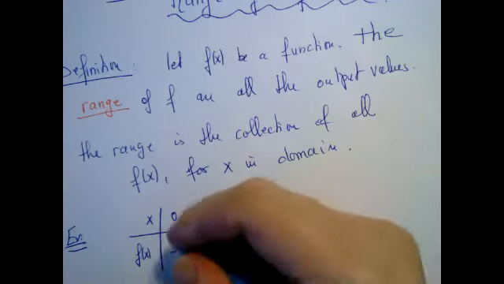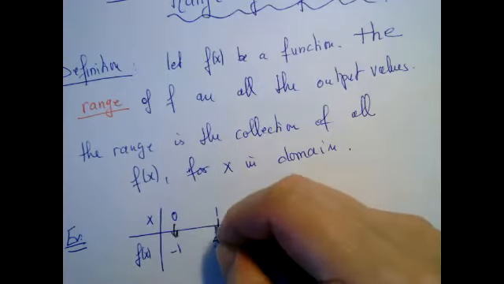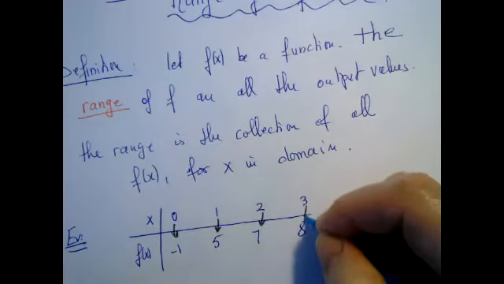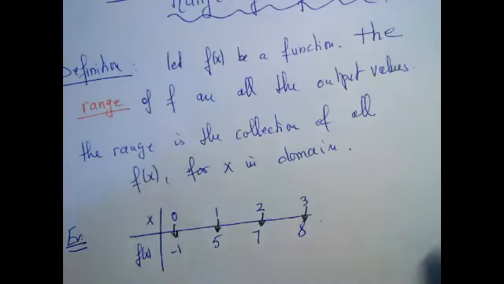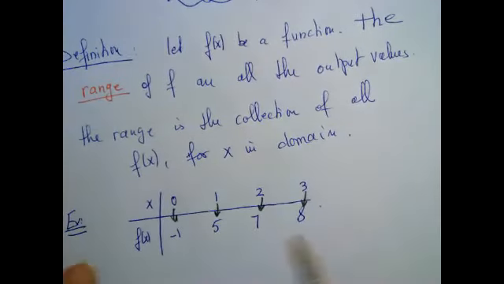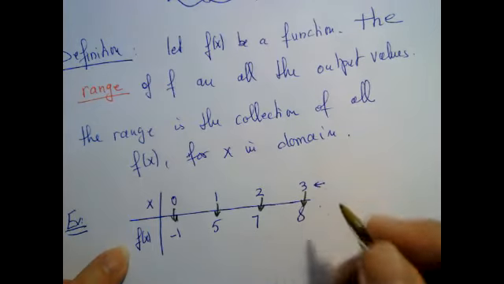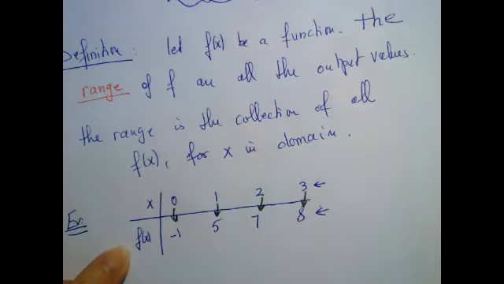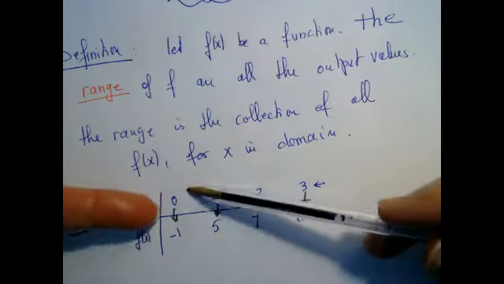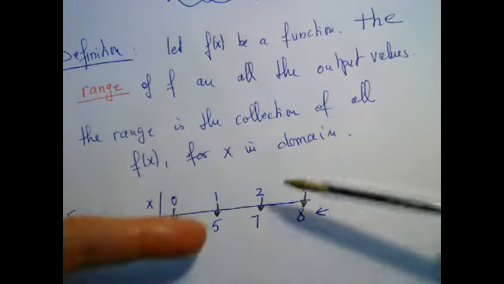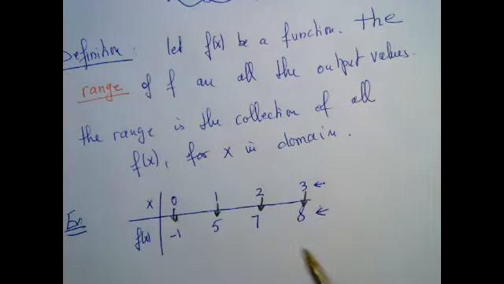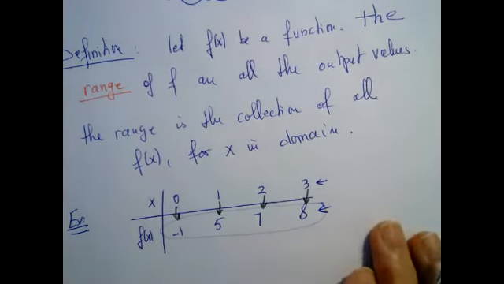And I'm taking 0 to -1, 1 to 5, 2 to 7, 3 to 8. Now what is the range? So these are the inputs, and these are the output values. So x is assigned to 0, -1, to 1, 5, to 2, 7, to 3, 8. The range are all those output values. Okay, that's really what the range is.